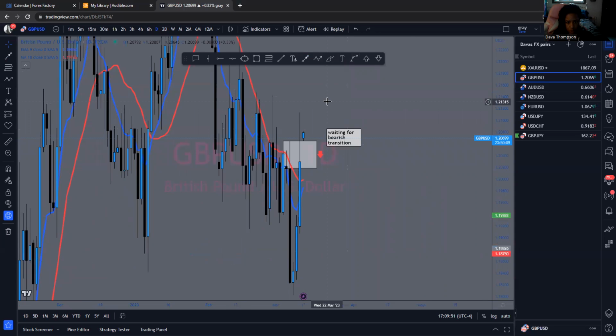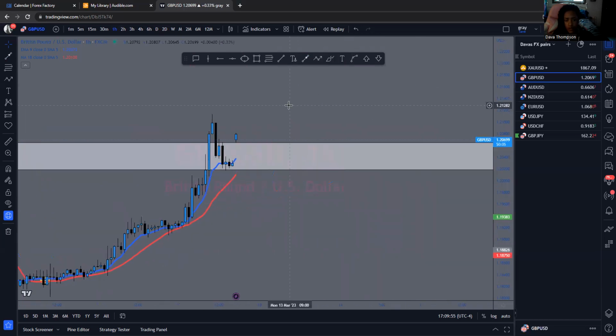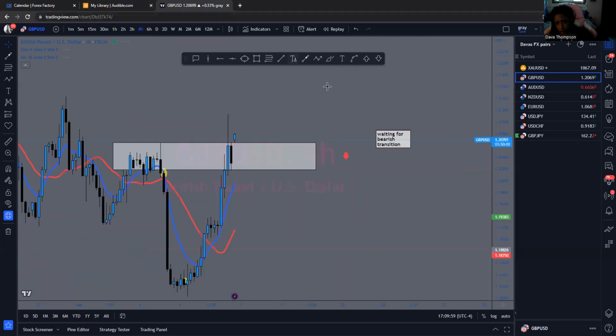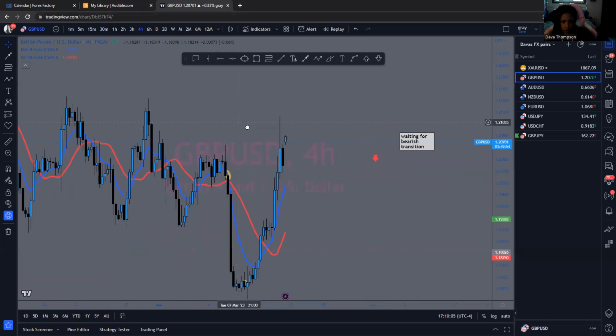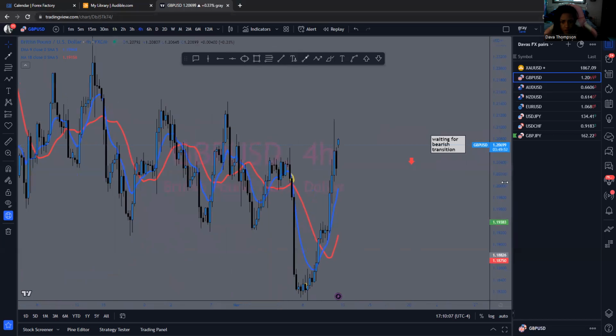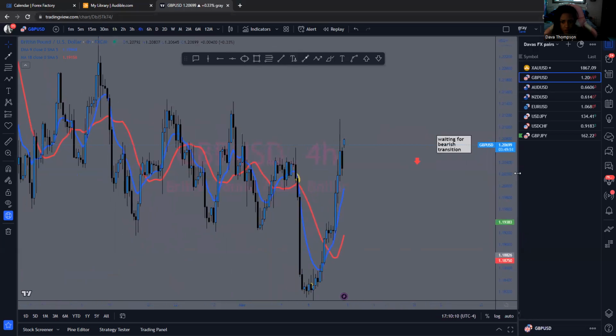Waiting for a bearish transition, and that can mean whatever you want it to mean. It could mean waiting for a break of support, waiting for an EMA, MA crossover, waiting for the 4-hour to engulf. Any one of those things, but I'm going to wait for a crossover. I'm going to take this zone off too, because now it's just looking scary. Price could really do whatever it wants to do.